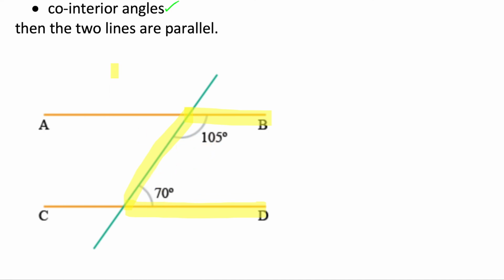And then when I see here, I can see that 105 plus 70 is equal to 175 degrees, which is not equal to 180.